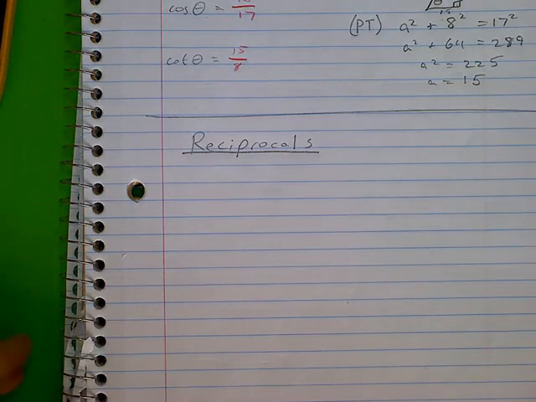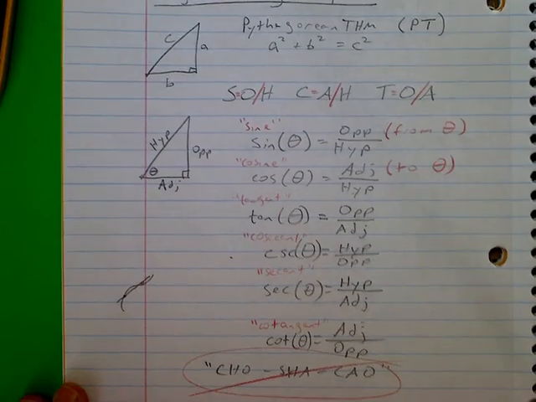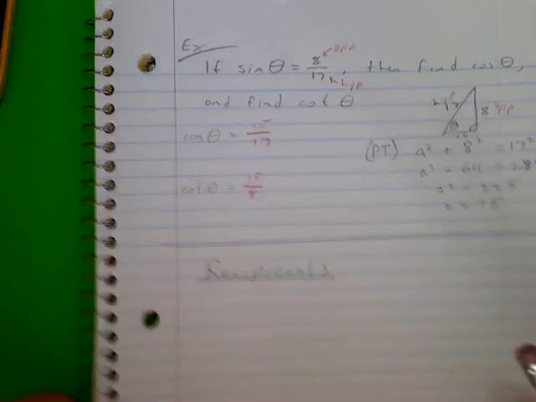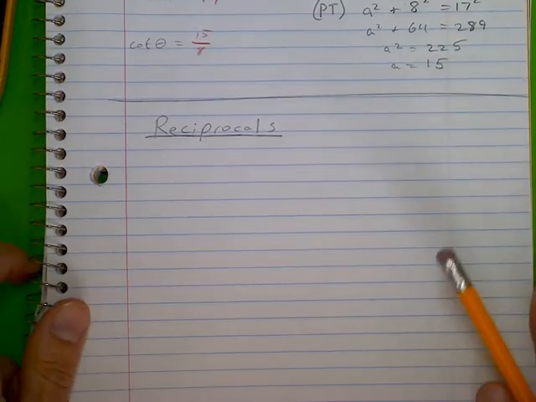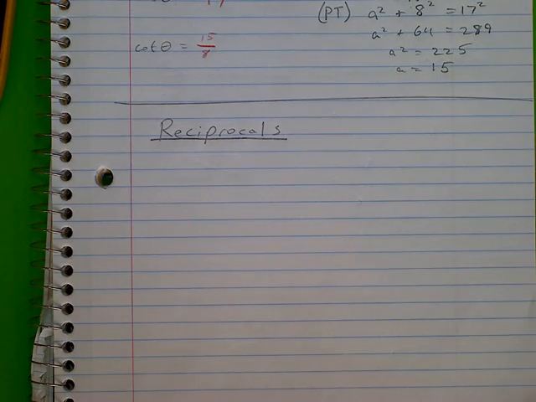All right. So, to help keep all of this information straight in your head, an easy way to do that is to try and remember which ratios are reciprocals of which other ratios.